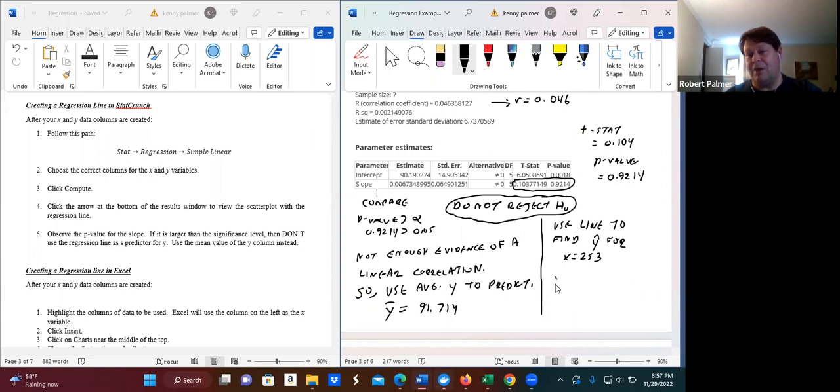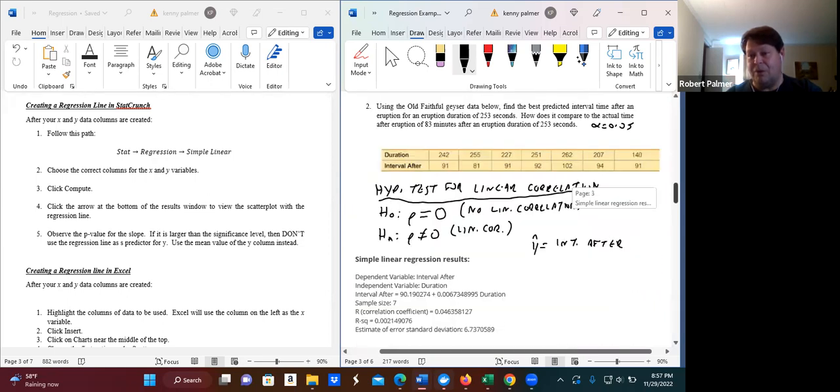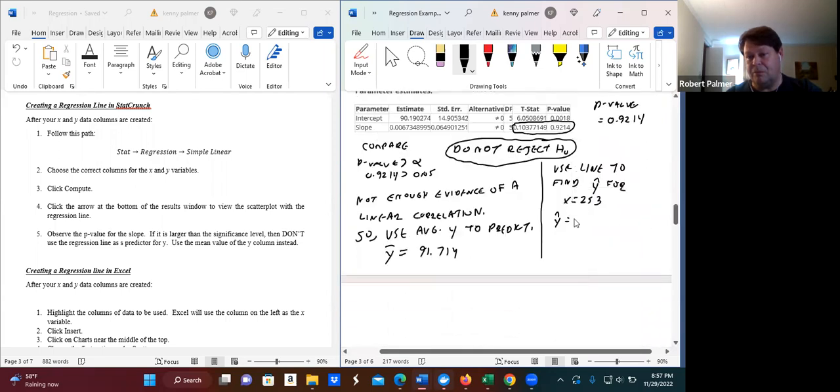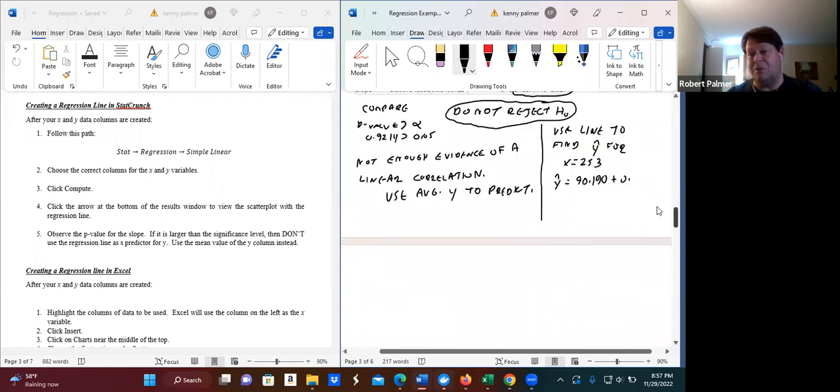So y hat is going to be, we're just going to plug that in, 90.190 plus 0.007 times x, which is 253.